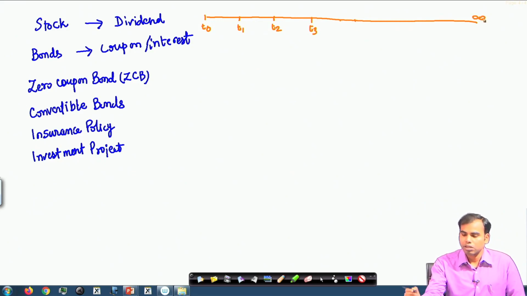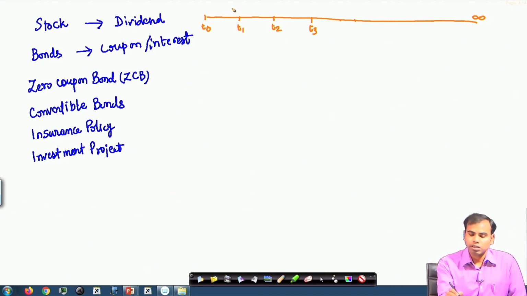So, basically this investment period is infinite, and here you are getting a dividend every year. Now, the dividend might be different in different years, and you have to pay a price today.